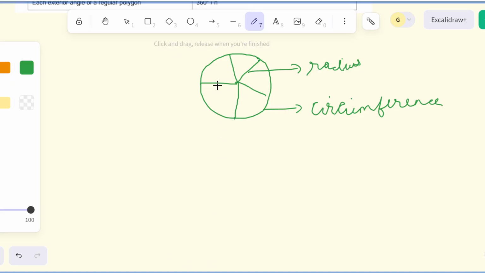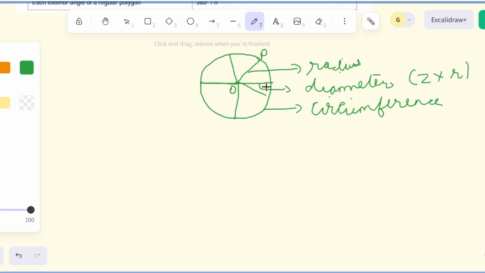And the line which is passing through the center is known as the diameter. Diameter is nothing but two times the radius. And what is radius? A fixed distance of any point on the circle from the center of the circle.